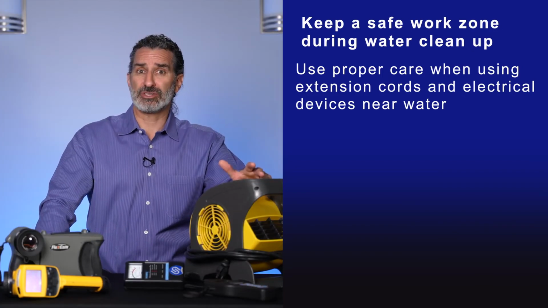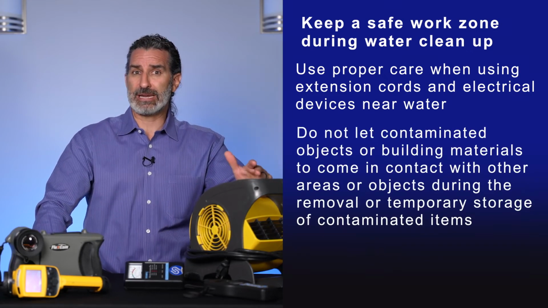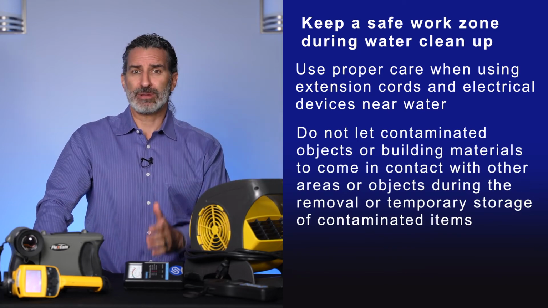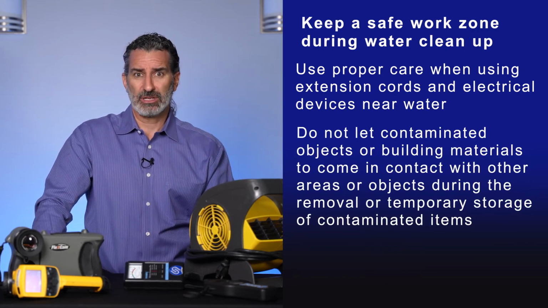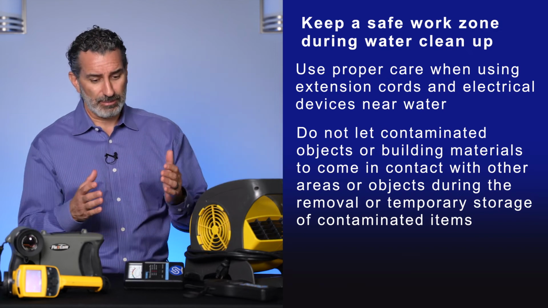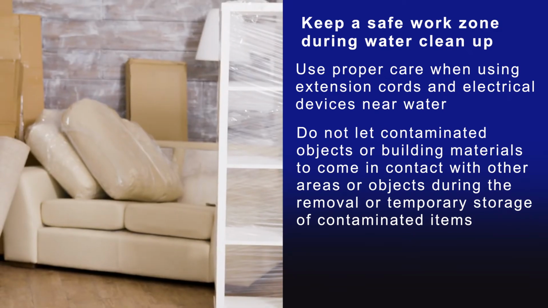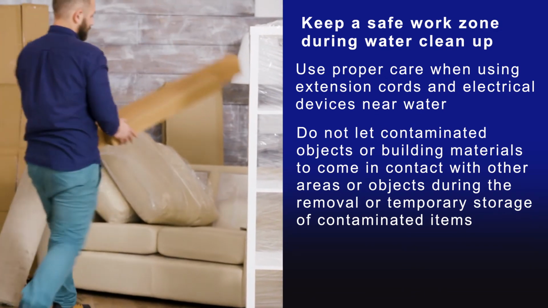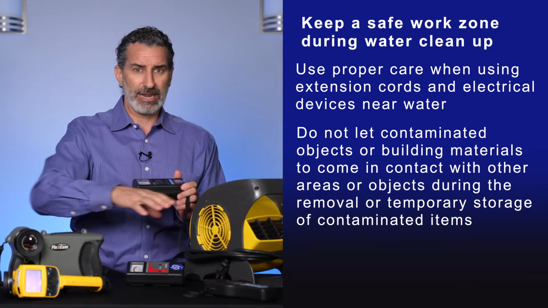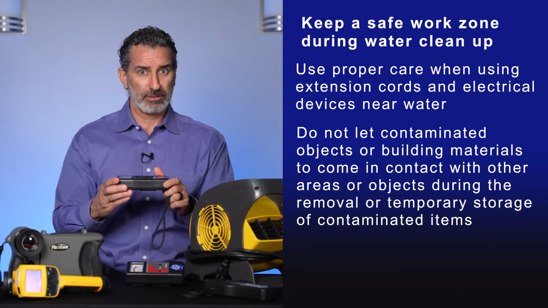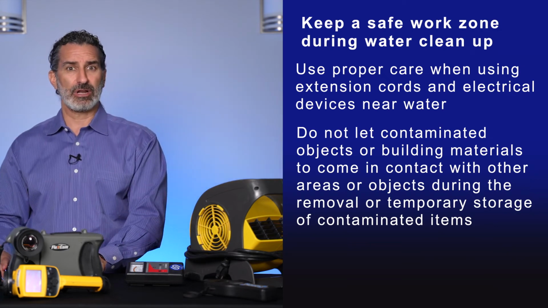Depending upon the loss, if the loss is category 3, you don't want to go from hero to zero. It's very common for people to say, oh, we have a category 3 loss and we want to remove this wet material from an area that's contaminated with water to a dry area or an unaffected area.